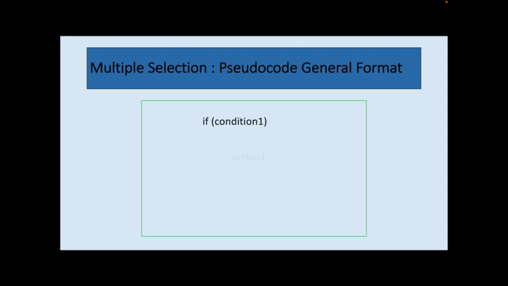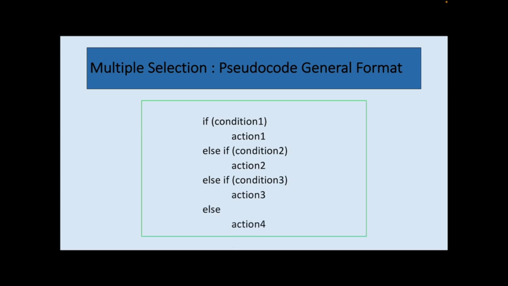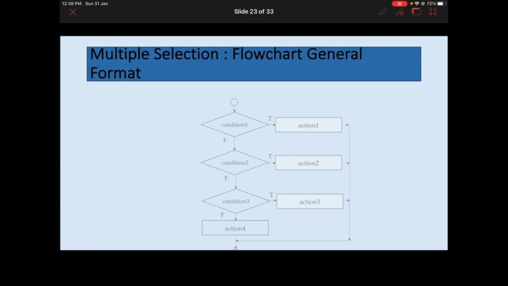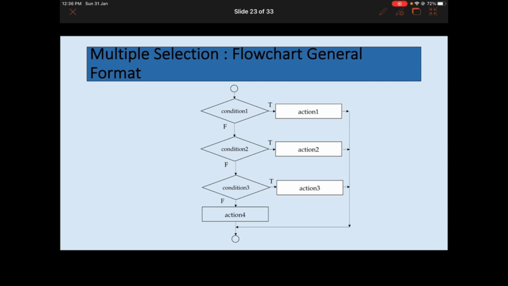If condition 1, action 1, else if condition 2, action 2, else if condition 3, action 3, else action 4. And this is the format for the flowchart in multiple selections.